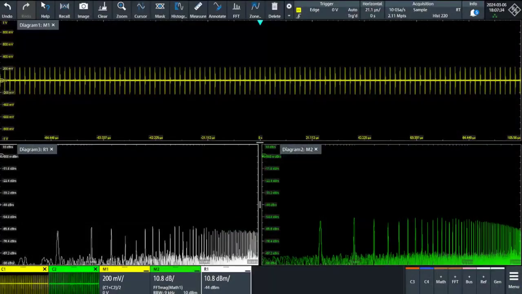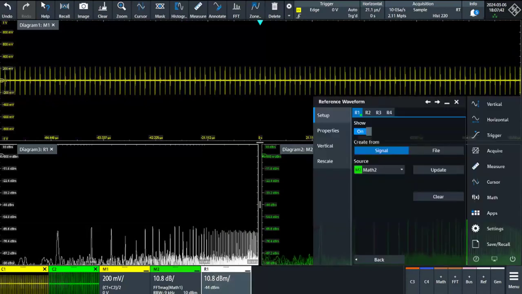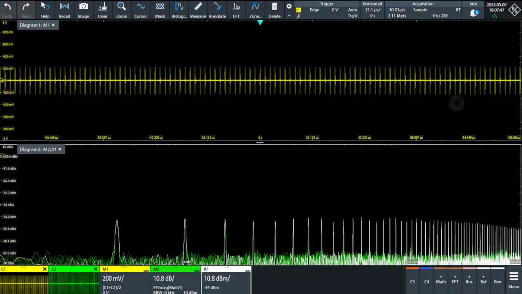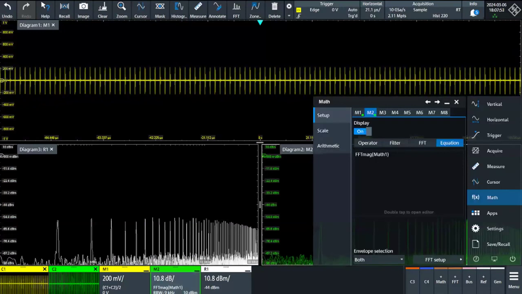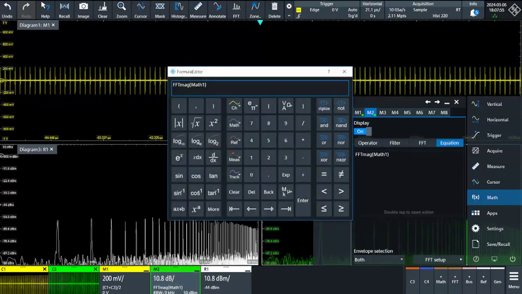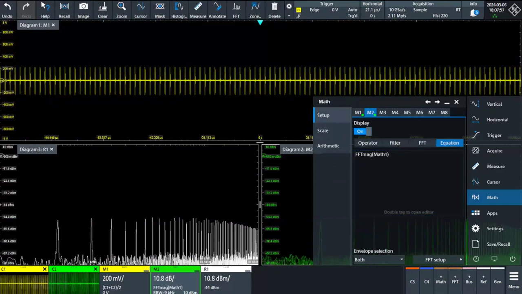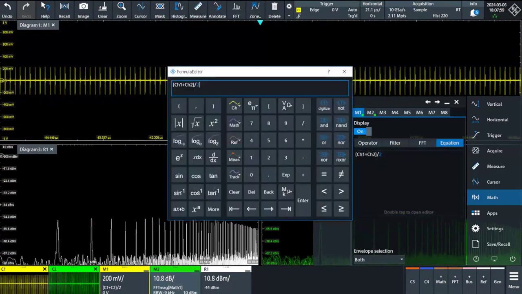So we are here again, and we update. This is the common mode. So let's update the reference. Okay. So this is the common mode, the left side, and now opening the math, we can change the equation to calculate the subtraction.